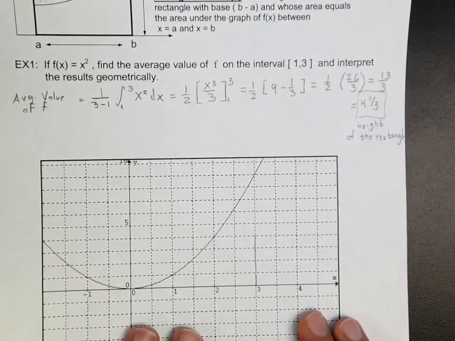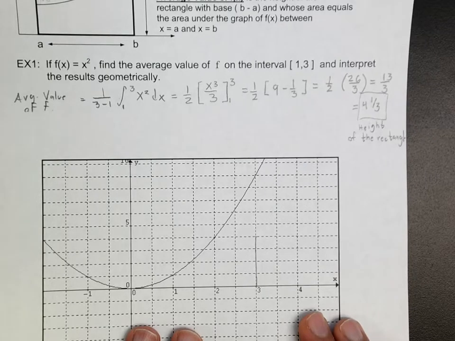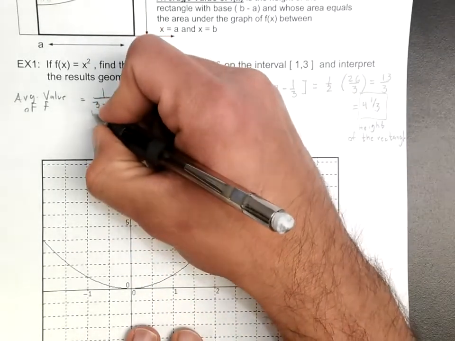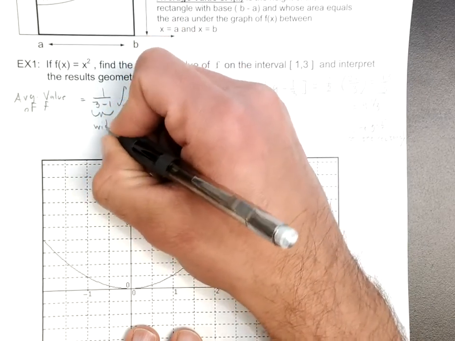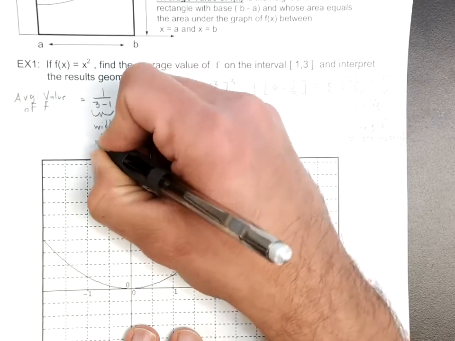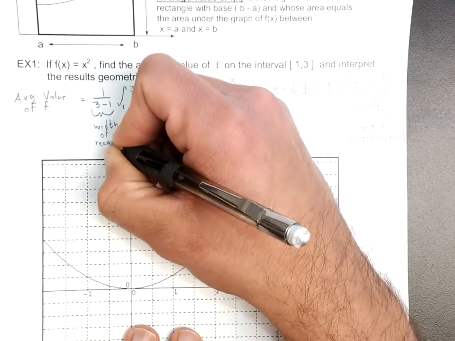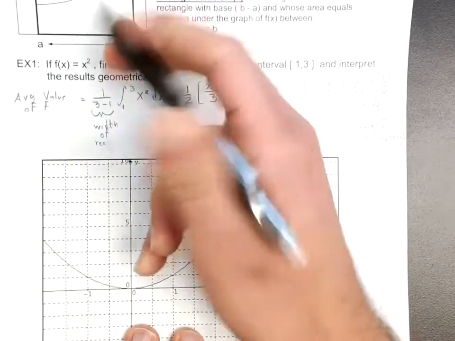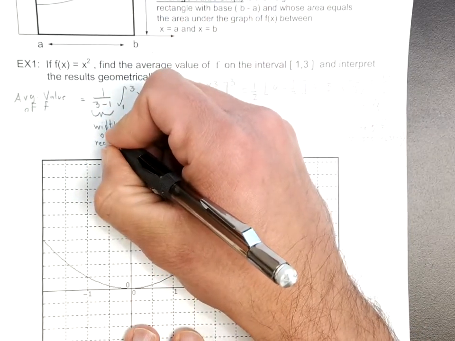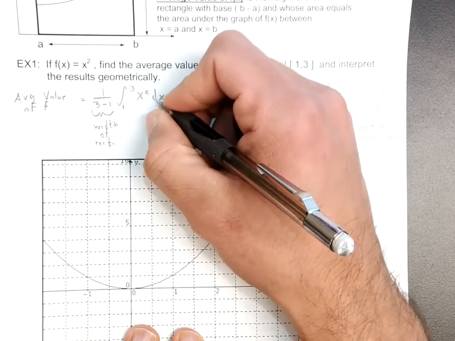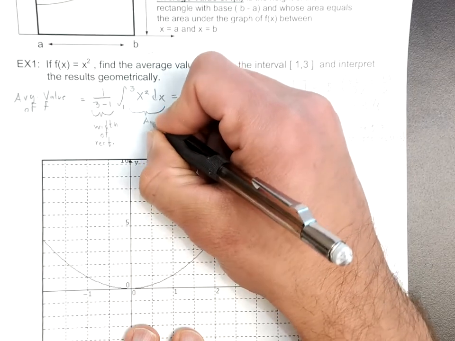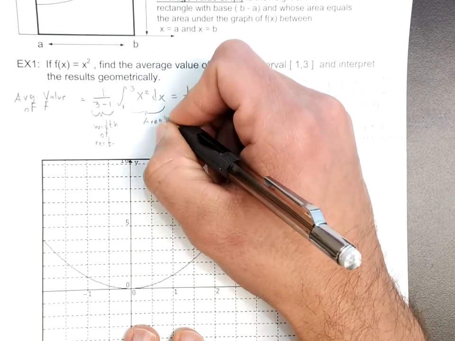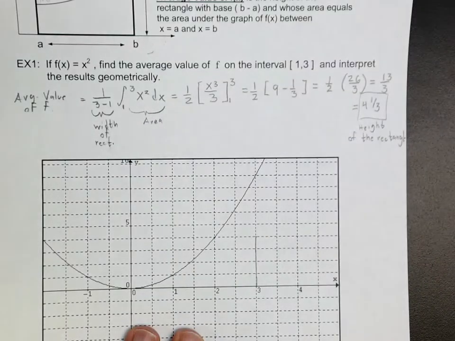But anyway, this is the height of the rectangle, or the mean value. Now remember that this 3 minus 1 is the width of the rectangle. And hopefully you know what that means, which is the area under the curve.